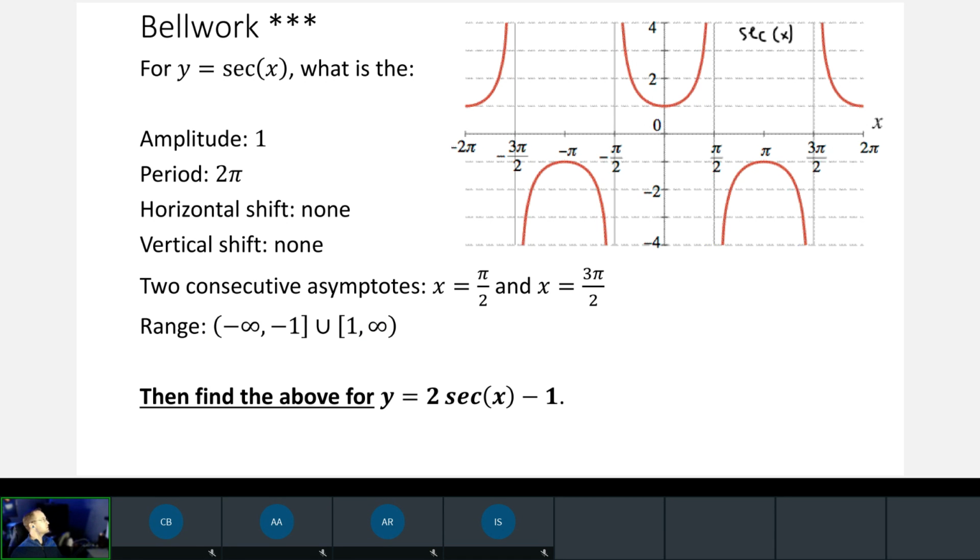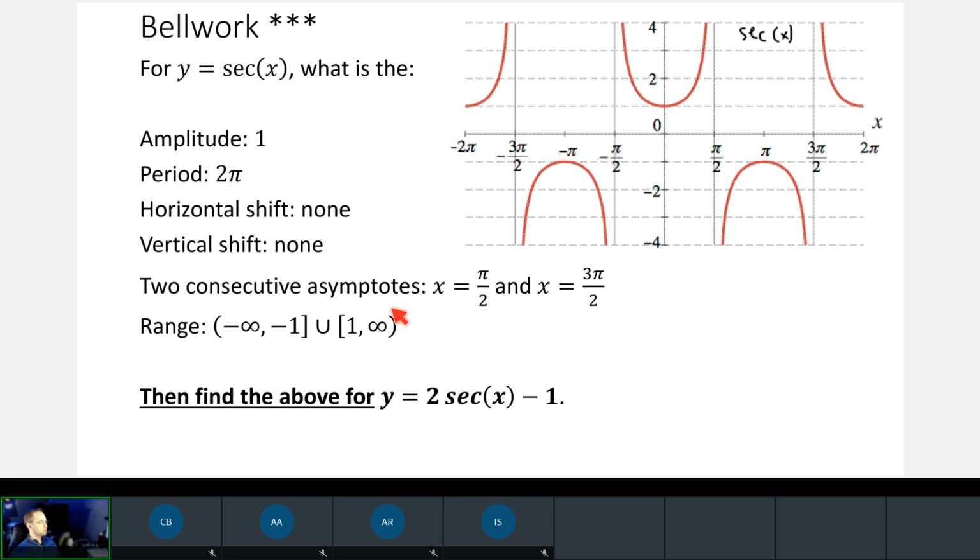So I'm just going to use my pointer. Again, range is your y value. So this graph goes to negative infinity, and then the highest point it goes to would be at -1. And that's why we have it go to -1. And then there's a gap from -1 up until +1. So there's your union symbol, your gap.